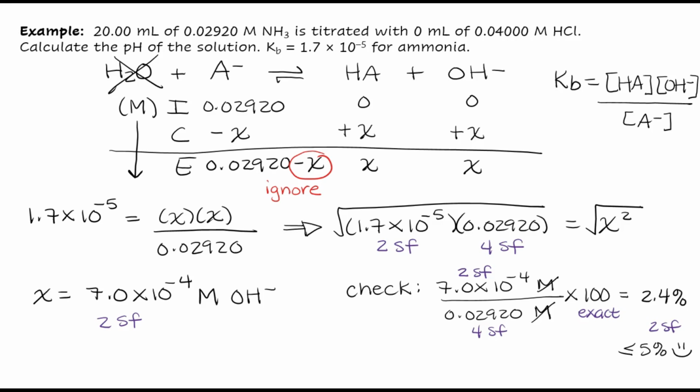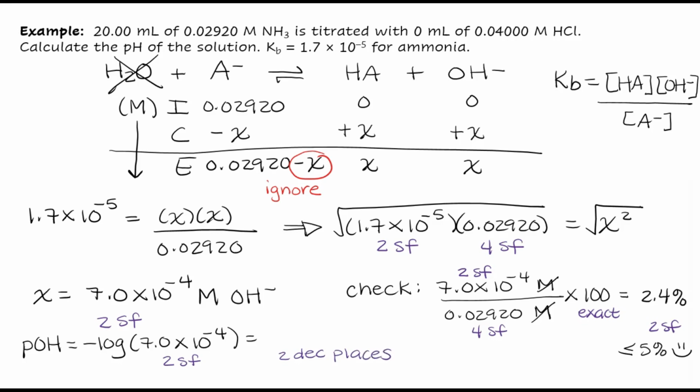So we have 2 more steps to calculate the pH. The next step is to calculate pOH, which is the negative log of the OH-. So the negative log of 7.0 times 10 to the negative 4. Looking at the sig figs, we have 2 sig figs in our log term. That will become 2 decimal places in our result.